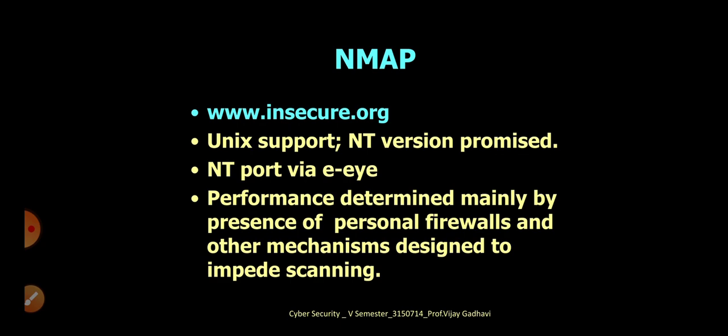Here we find a source for NMAP at www.insecure.org. Also seen is Unix support. Performance is determined mainly by the presence of a personal firewall and other mechanisms designed to impede the scanning.